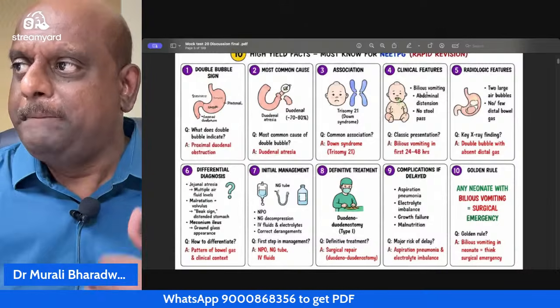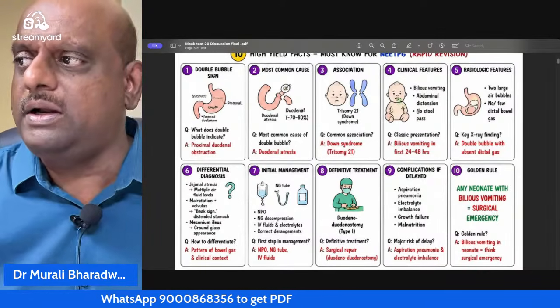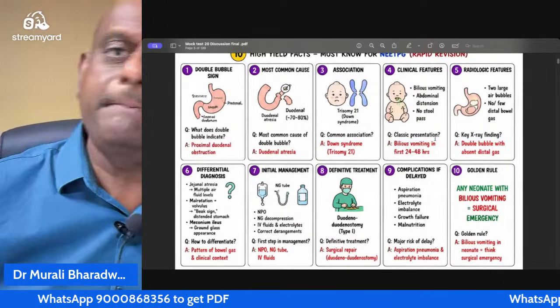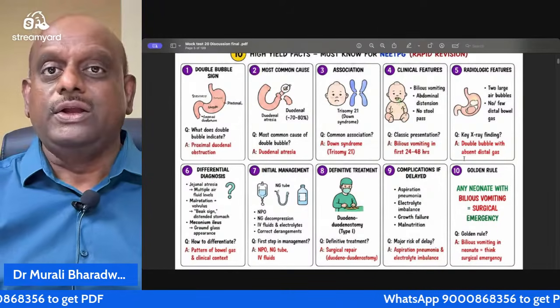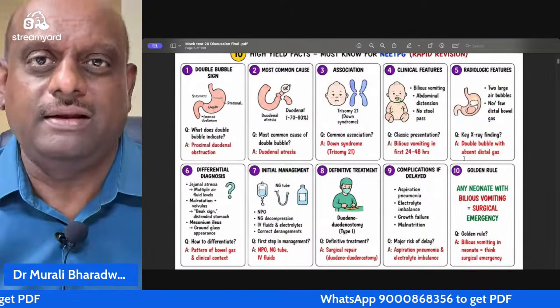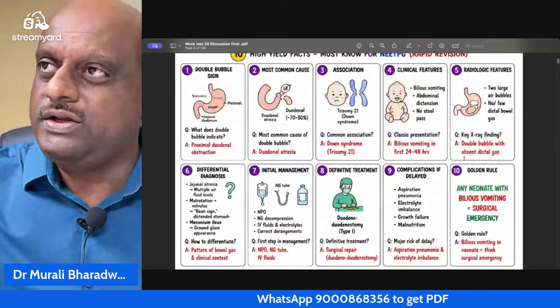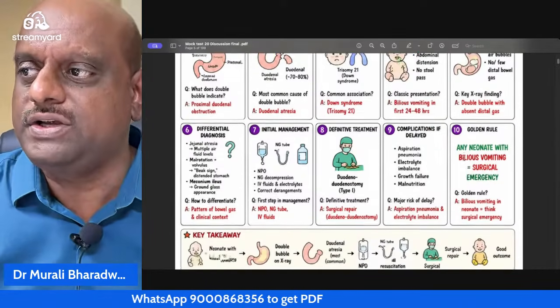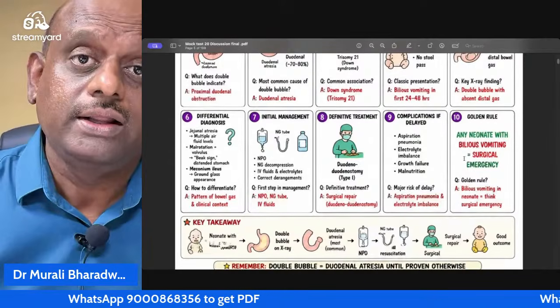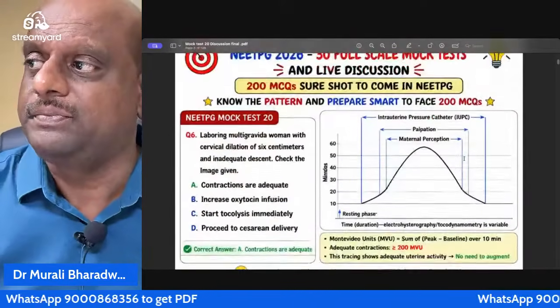There is bilious vomiting, abdominal distension, no stool being passed, classically is the feature. So double bubble sign, one is stomach, other is the gas in the duodenum, is the classical feature, and you must know the differential diagnosis.